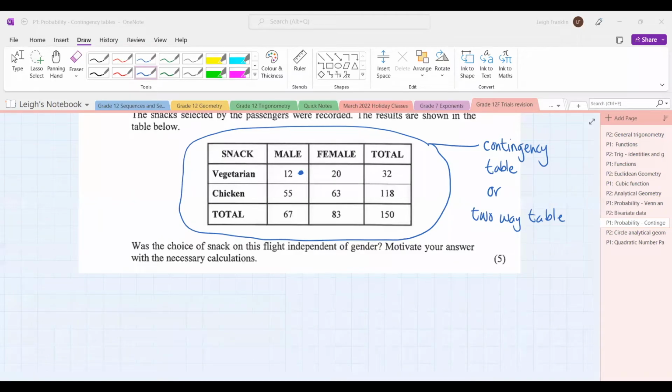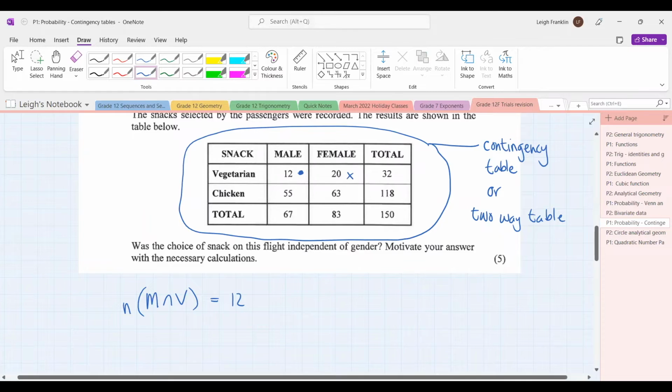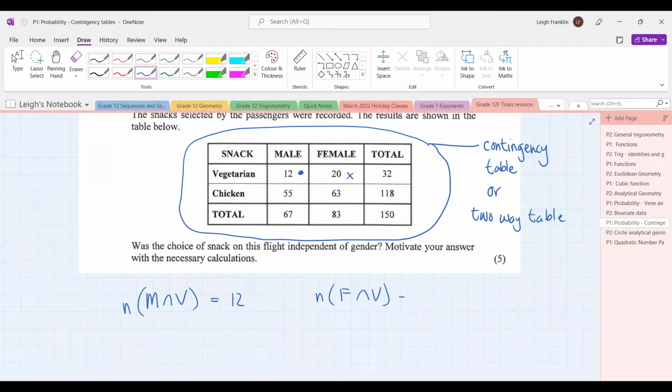So in other words, there are 12 people that are male and vegetarian. Okay, so the number of people that are male and vegetarian is 12. Exactly. Okay, if I talk about this one over here, 20, the number of females and vegetarian, so they're both at the same time, there are 20 of them.